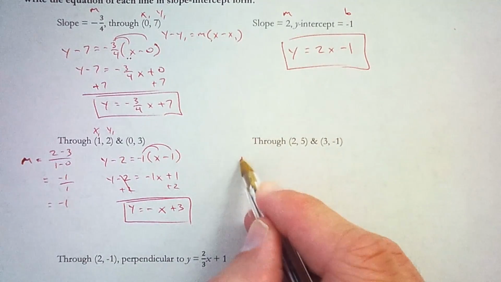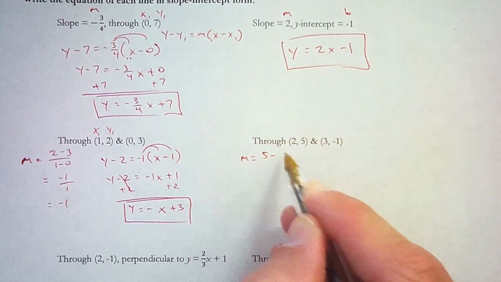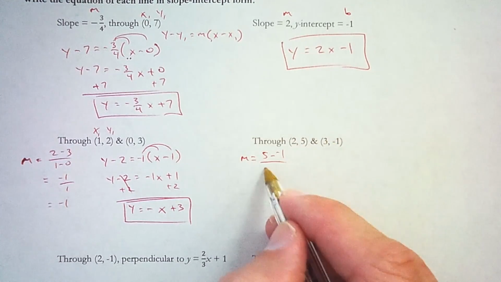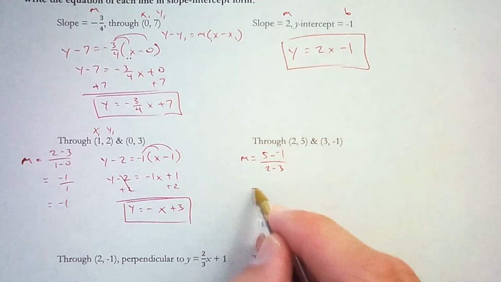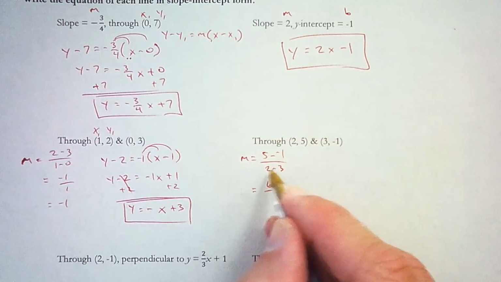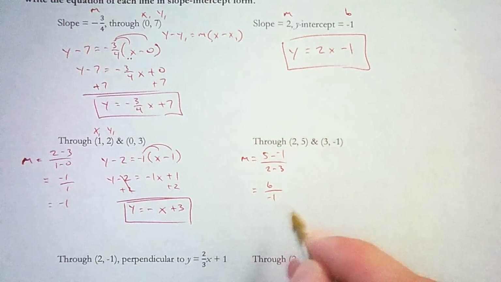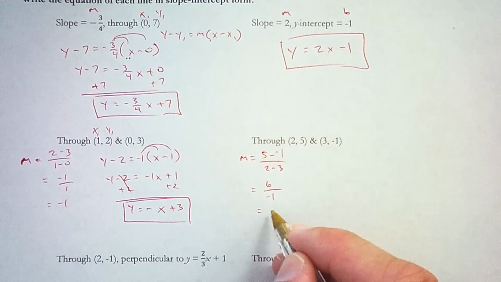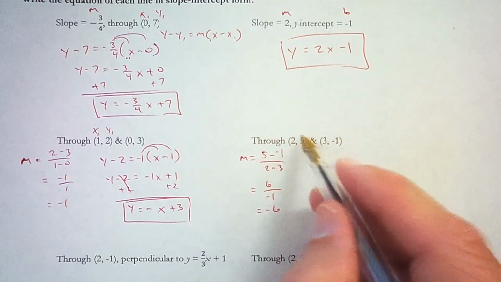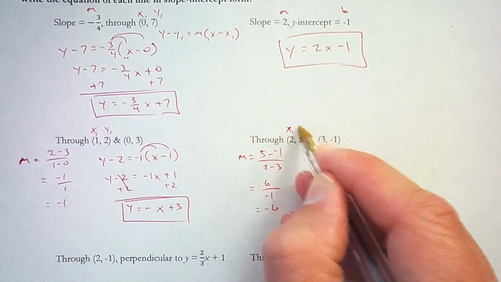Same thing here. M equals y minus y, 5 minus negative 1, over x minus x, 2 minus 3. So minus negative is plus, 5 plus 1 is 6, 2 minus 3 is negative 1, so the slope here is negative 6. And I'll use 2, 5 as my x1, y1.